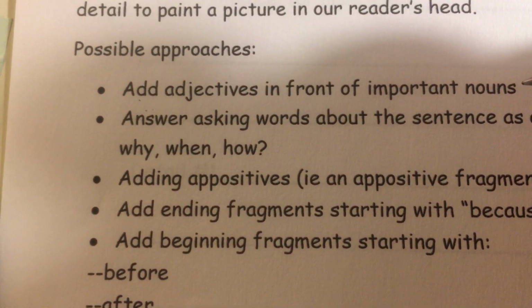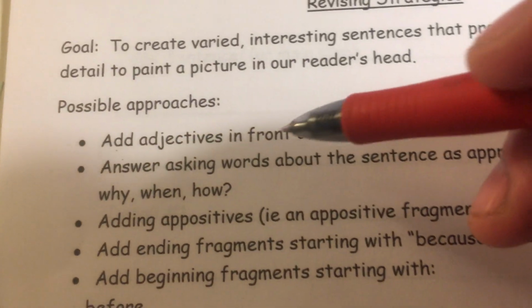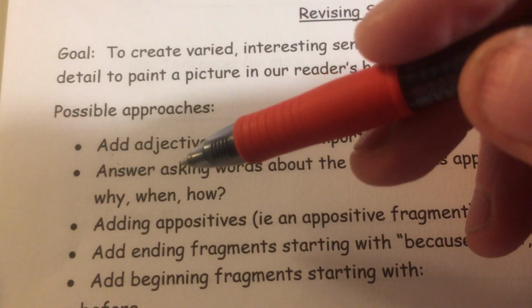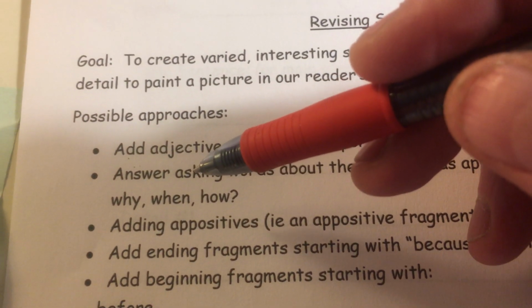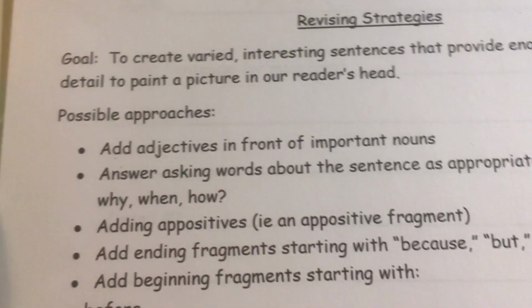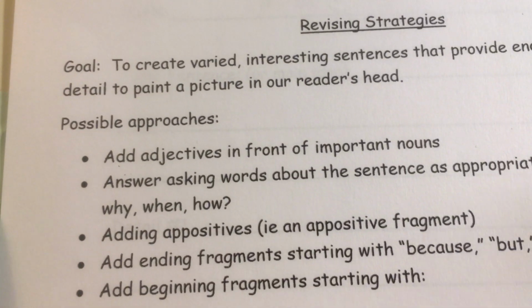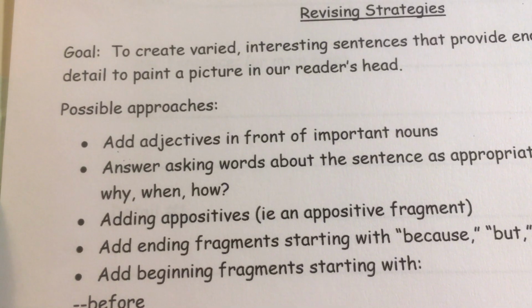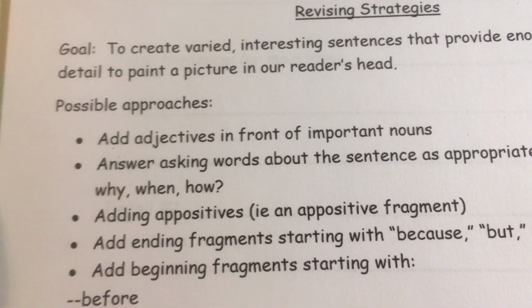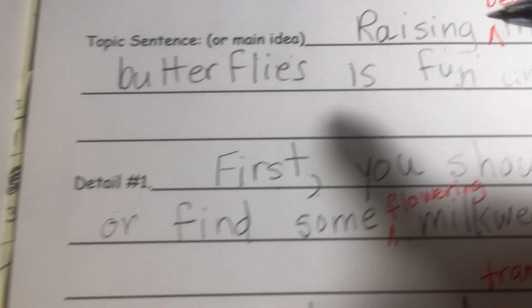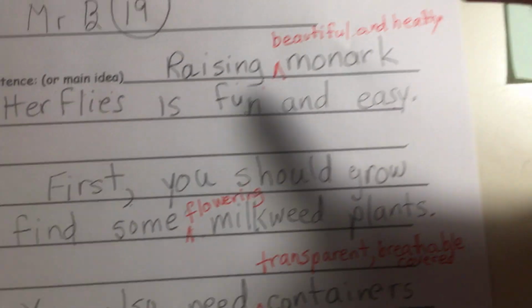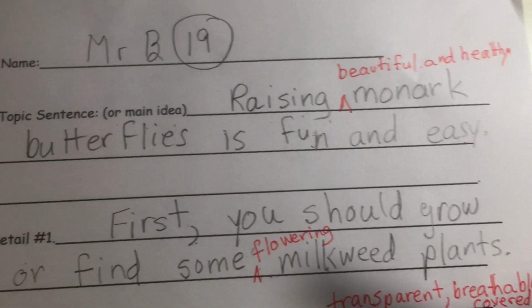I added adjectives to all the important nouns. Now, what I'd like to do is try to use a different strategy on each sentence to help have a variety of sentences. So, my first sentence is raising beautiful and healthy monarch butterflies is fun and easy.